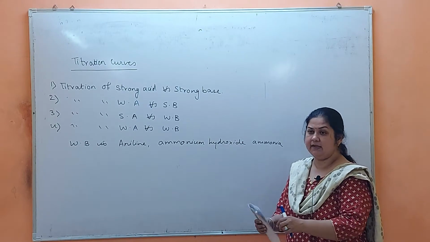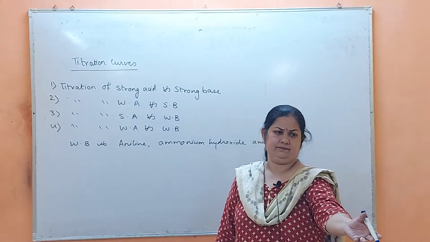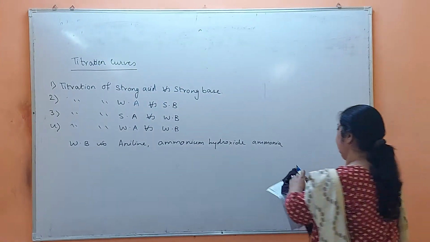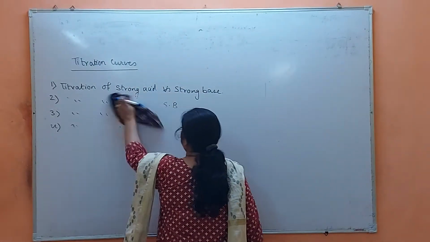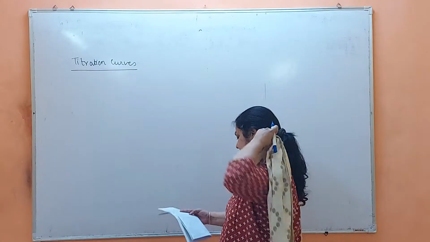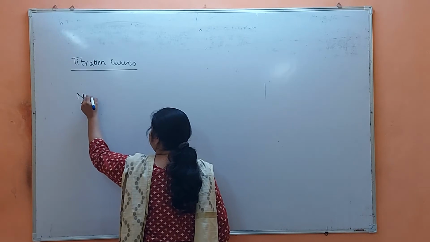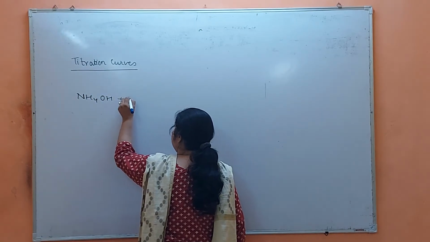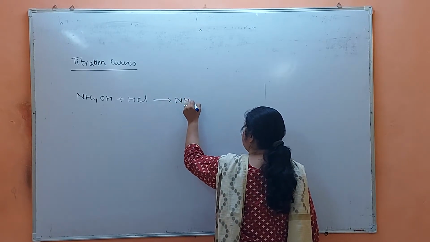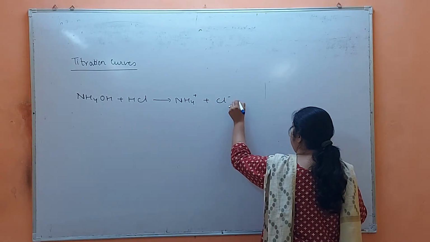Alright, now with ammonia the neutralization reaction can be written as NH4OH plus HCl will give you NH4+ Cl minus plus H2O.